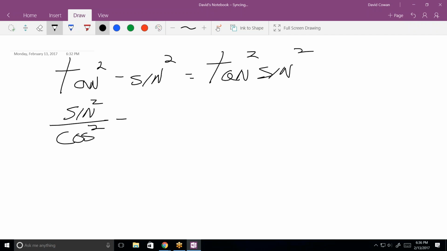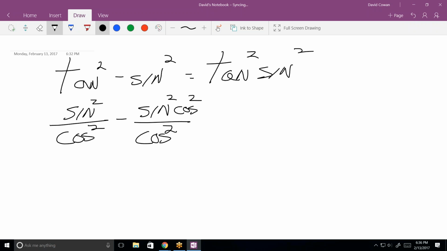Okay. Subtract sine squared, which means if I want a common denominator, that's got to be sine to the fourth, right? Excuse me, no. It's not sine to the fourth. It's sine squared cosine squared.